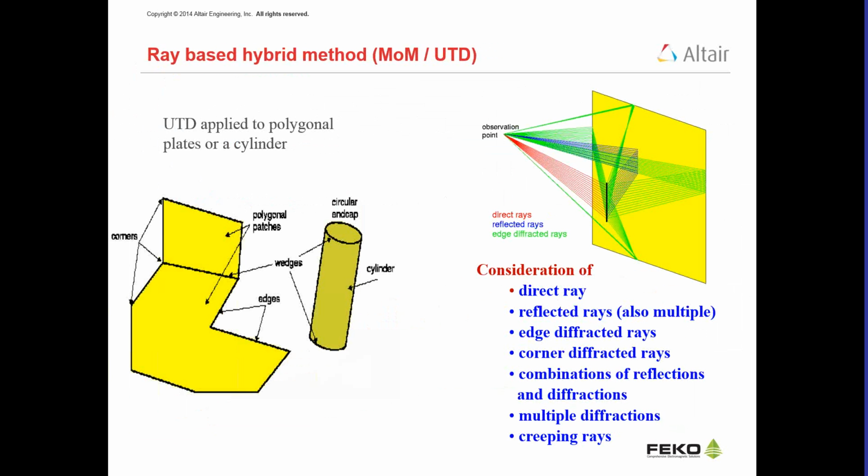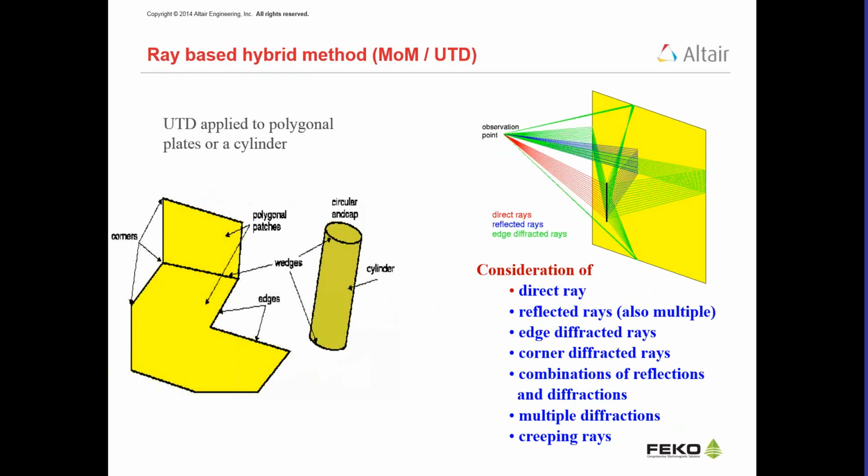Once you model the object as flat plates, FEKO can compute all these mechanisms of UTD. What this means for us, as a computational cost, is that once you are able to solve the problem at one frequency, UTD can solve the same problem at higher frequency with the same amount of memory and the same amount of CPU time as you go higher up in frequency.